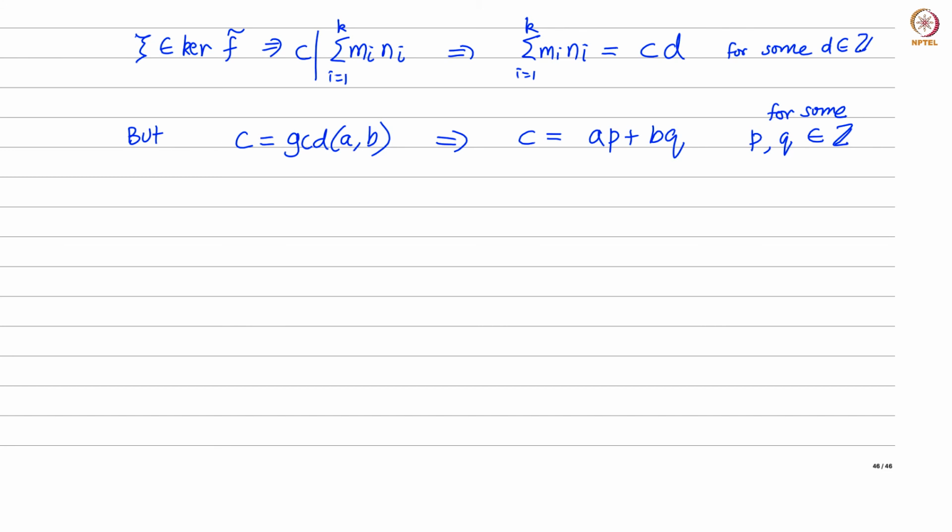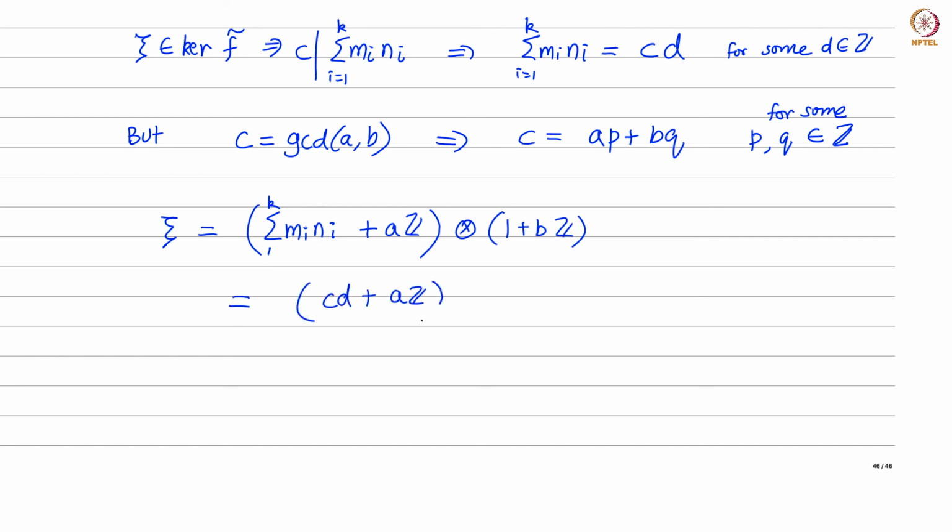Okay, so let's rewrite xi as follows. Xi was summation mi ni plus AZ, which I will write as CD plus AZ. But C itself can be rewritten in terms of A's and B's, right?